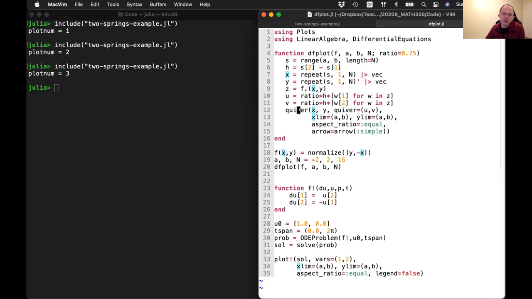It uses a function called quiver. It's called quiver because we're going to be plotting some arrows. So this is a function in the Plots package. And what we'll do is we'll plot different values x and y. And at each xy value, we're going to plot a little arrow, or a vector, coming from that point. And that's given by u and v.